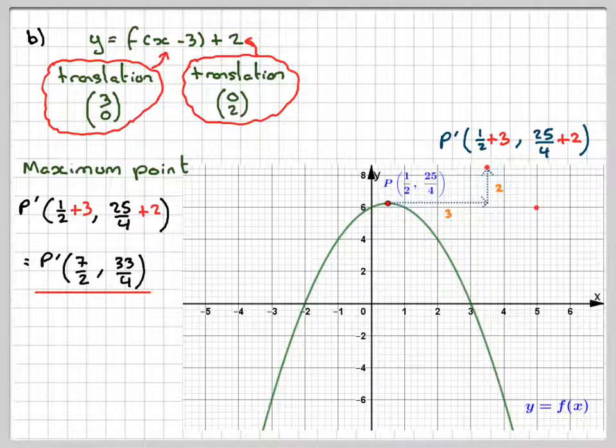Now, if we wanted to just sketch this transformation, we just need to move a few points. So 3 along, 2 up.